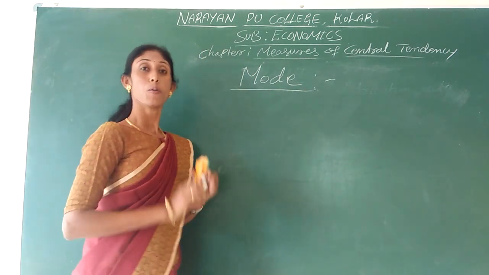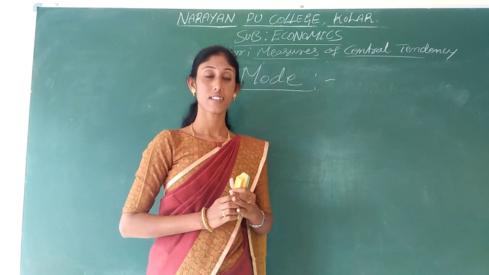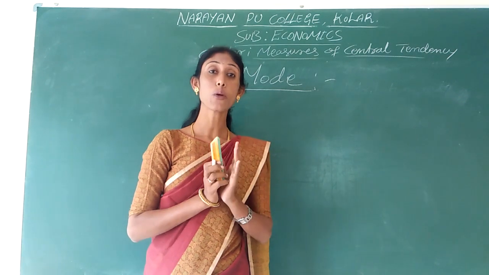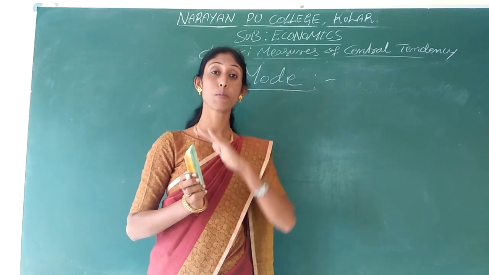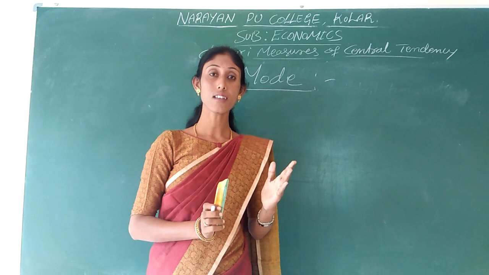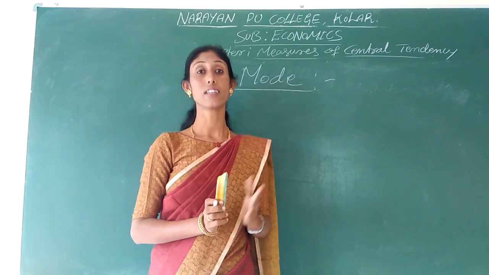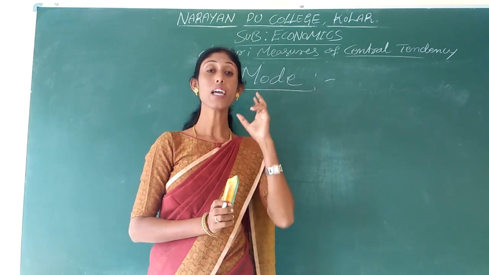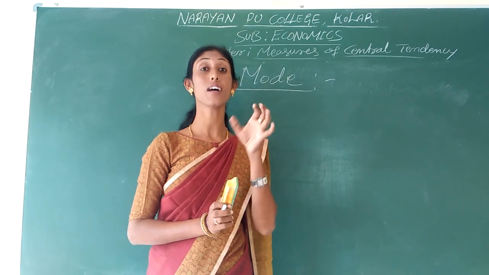Mode is, very simply, a value which appears more frequently than the others in the data. Mode is the most frequently appearing value in the data.